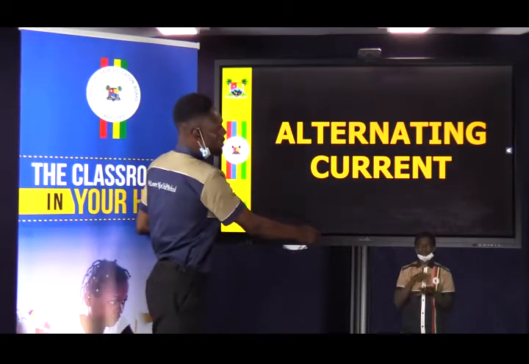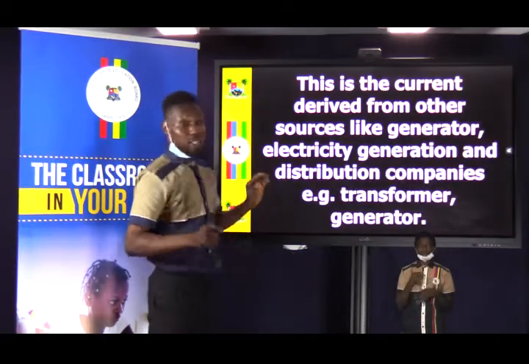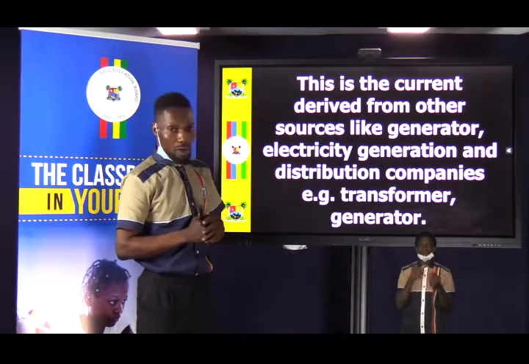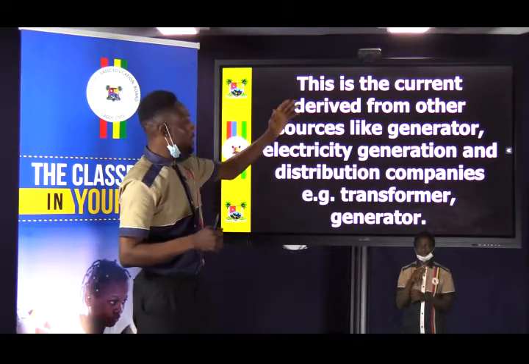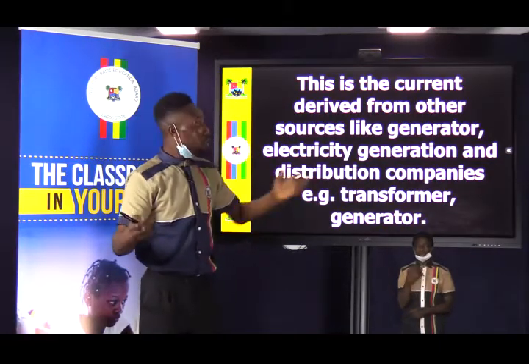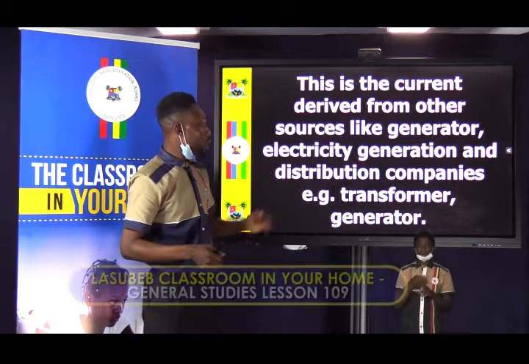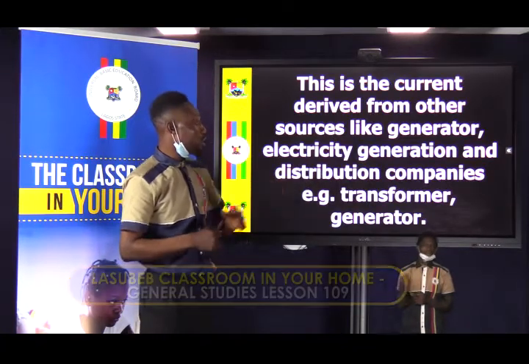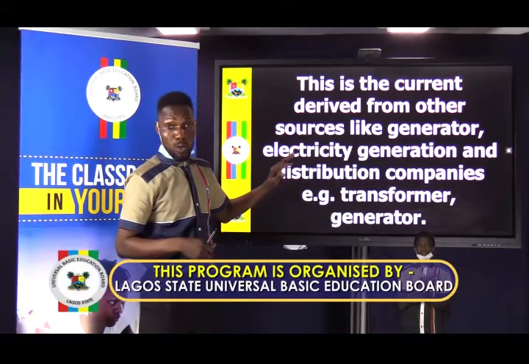And then let's look at the second one. We have talked about direct current. Now we want to talk about alternating current. When we say alternating current, this is the current derived from other sources. It's the kind of current you derive from your generator, your electricity generation and distribution companies, and so on.